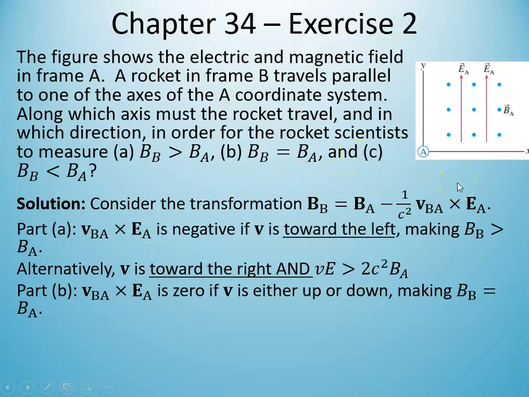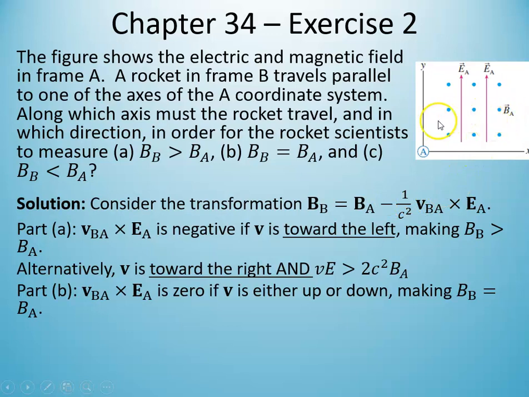Now, you could probably also find a way of making it work out by having the direction of V cross E be just right so that the magnitude of everything ends up working out. In other words, it would have a combination of x and y components such that when you do the Pythagorean theorem, you would get something that's the same as B sub A as well.